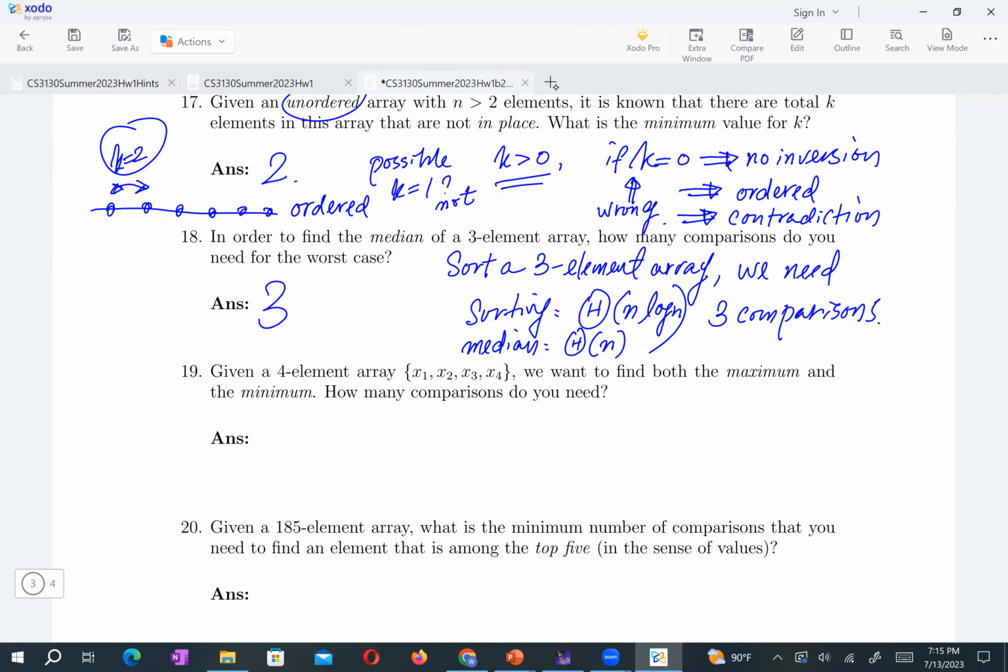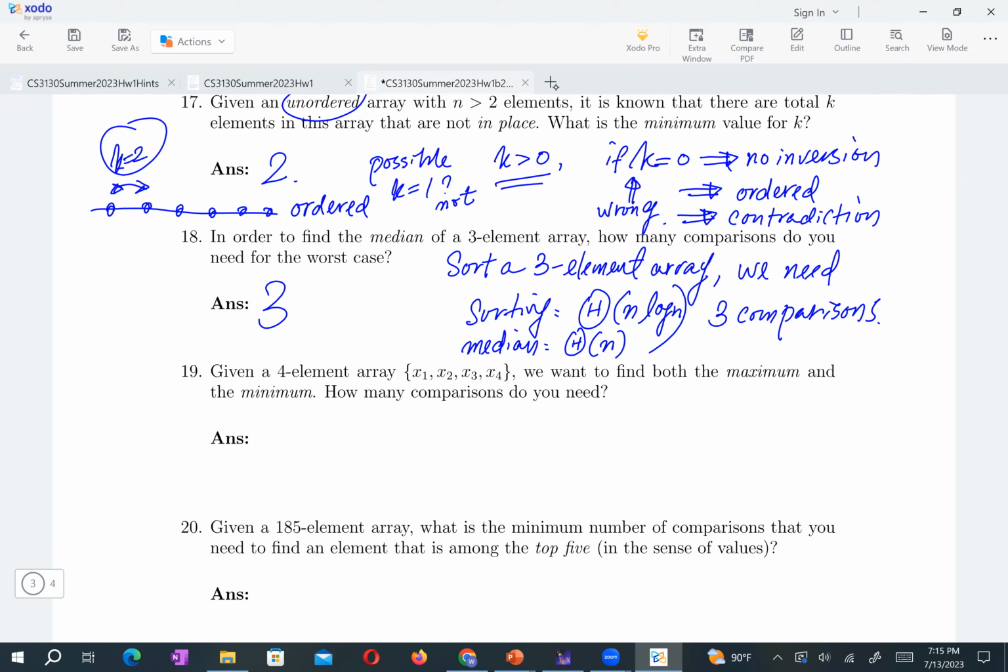So this question, you know the details, find the median with 3 comparisons. Here, I do not put the details here. But I did a sorting one in our review, review session number 1, I sort 3 elements. So you can use that same way to find the median.